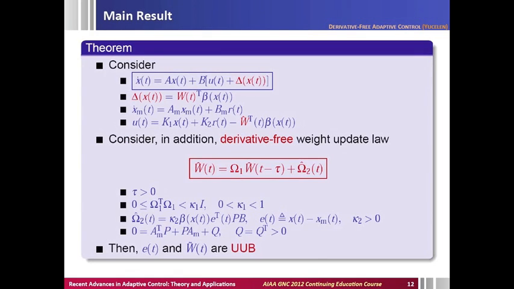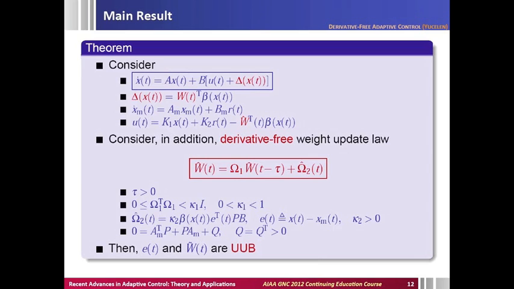So now, that's the first theorem for the derivative-free architecture. For this system, for this relaxed assumption, for this ideal system, the nominal controller augmented with the adaptive controller. So this is the form of the derivative-free weight update law. Actually, you can call it also integrator-free. The reason we call derivative-free, we don't have that.